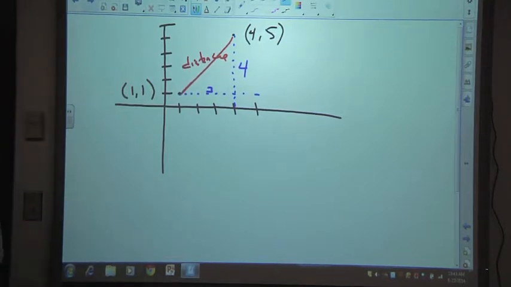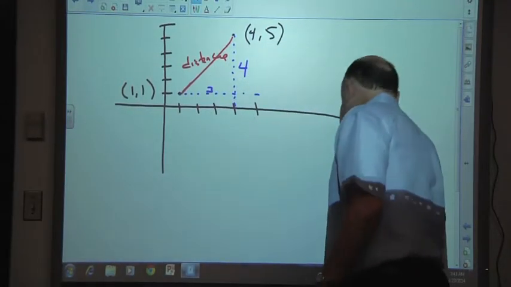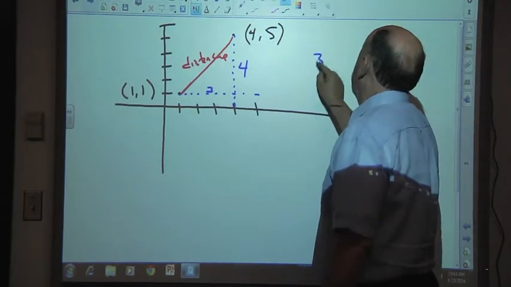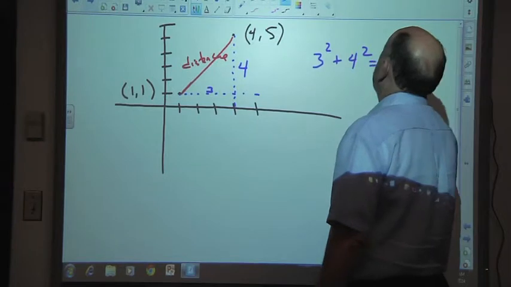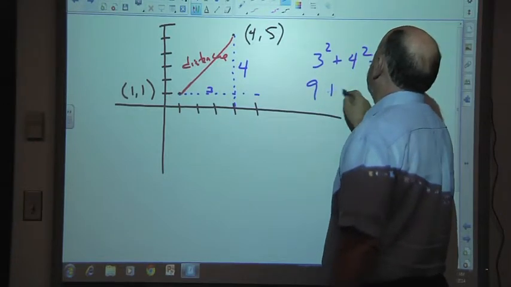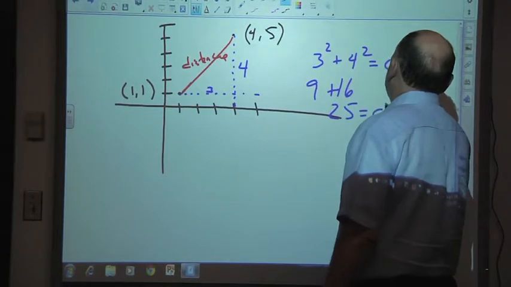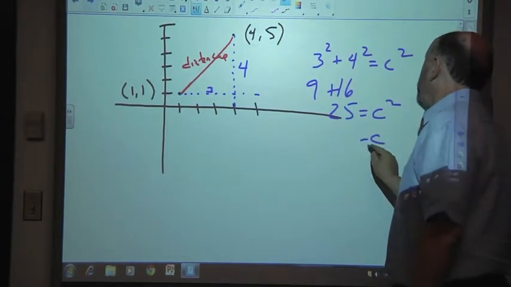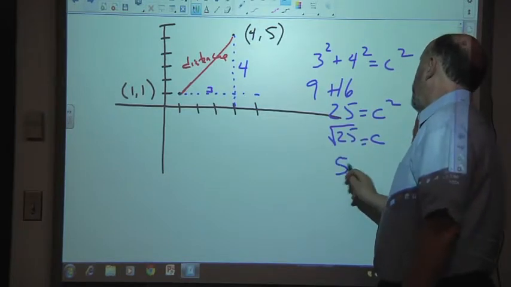A squared plus b squared equals c squared. And so I would have that 3 squared plus 4 squared is going to equal c squared. So 9 plus 16, so 25 equals c squared, and so c is the square root of 25, which would be 5.